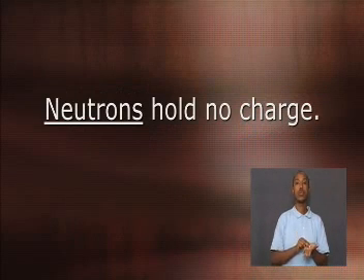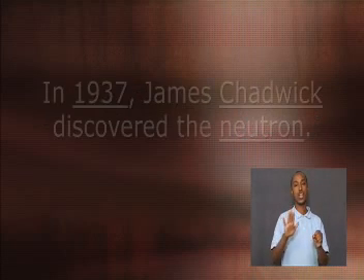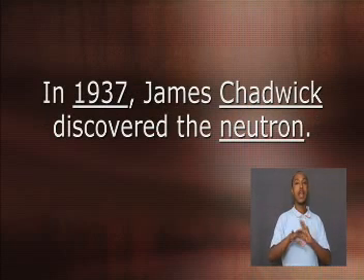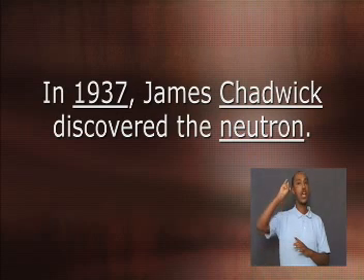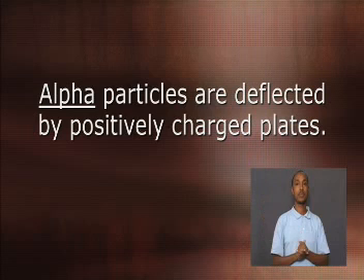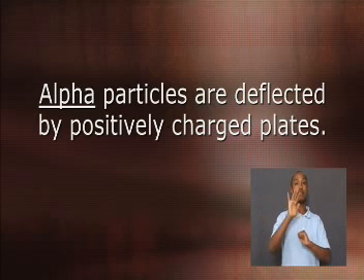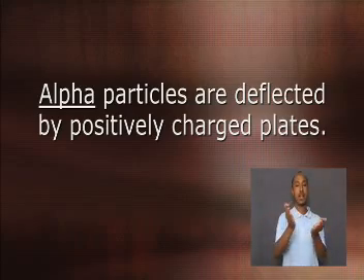Neutrons have no charge. In 1937, James Chadwick discovered the neutron. Alpha particles are deflected by positively charged plates. If your answers match what we have listed here, you are correct. Excellent work.